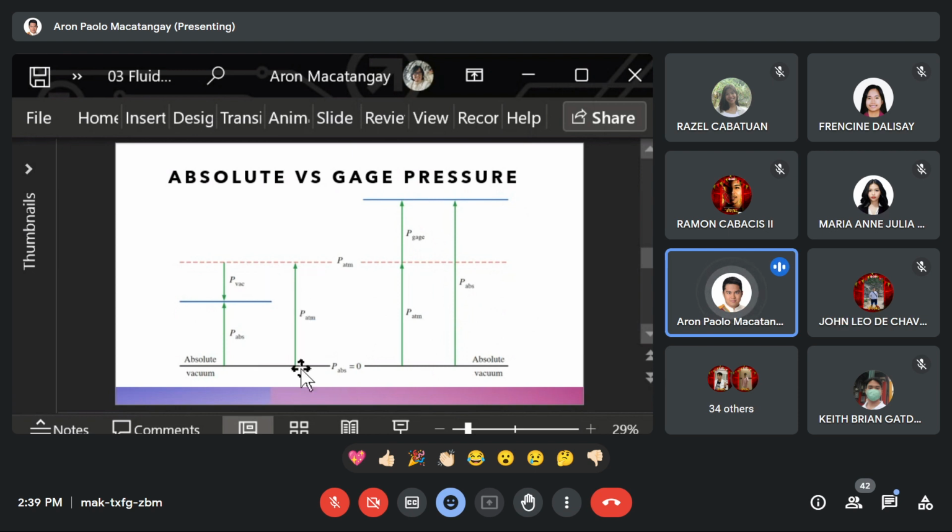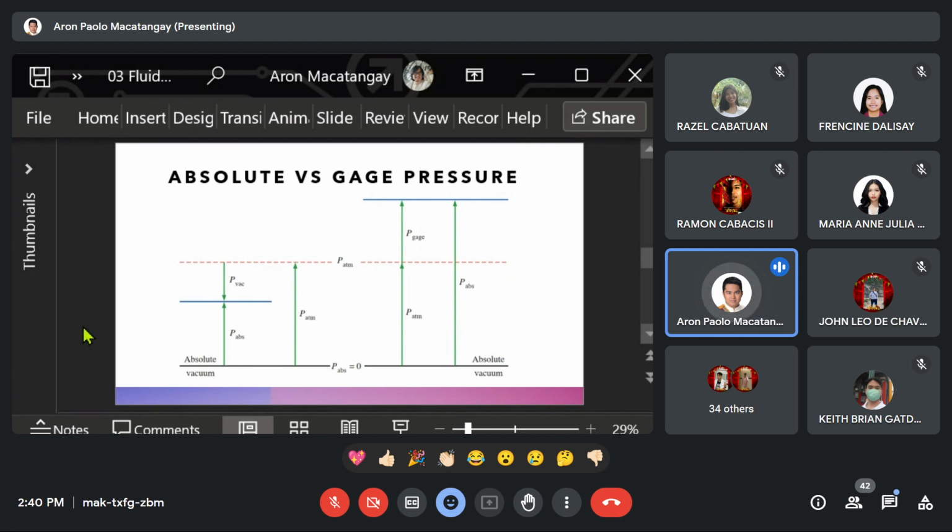So kung ito yung P atmospheric mo, and then may P vacuum ka, ima-minus mo or subtract mo dun sa P atmospheric, and that would be your P absolute. Kaya kita nyo, mas mababa yung blue line dito kaysa sa blue line doon. Okay? Kasi yung P vacuum is binabawas sa P atmospheric.